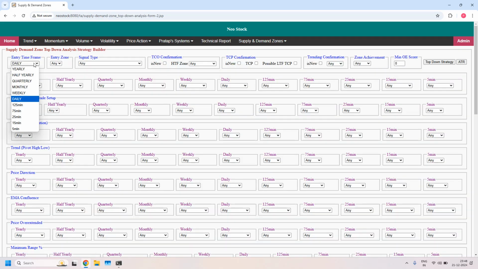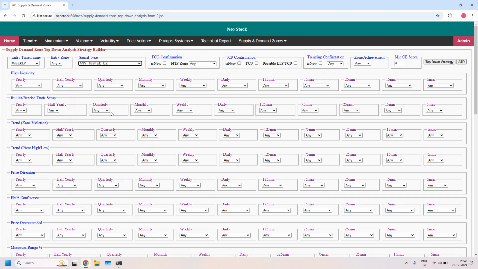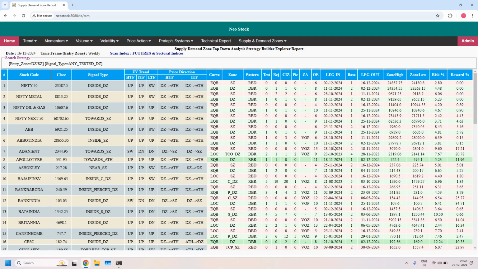Next, weekly time frame. Let us find the tested weekly demand zones during this week. So very good number of weekly demand zones are tested. I am scrolling the list down.